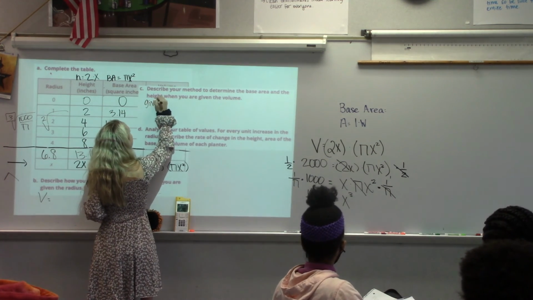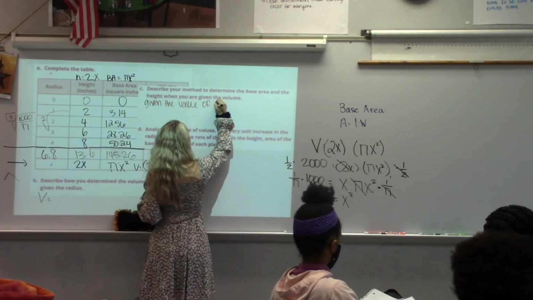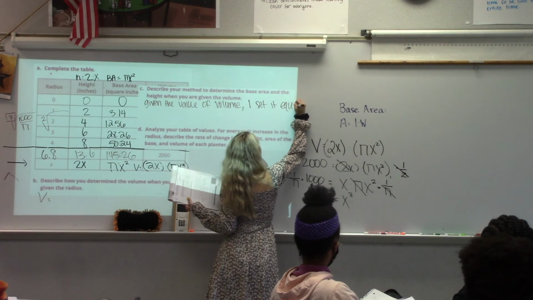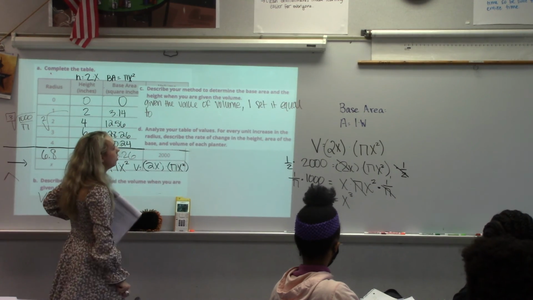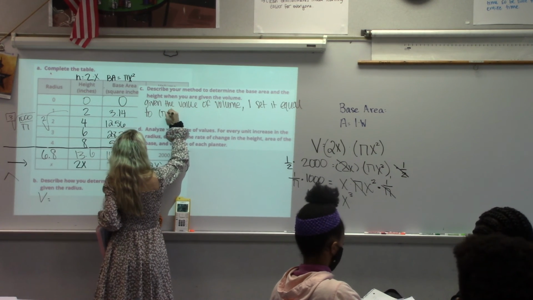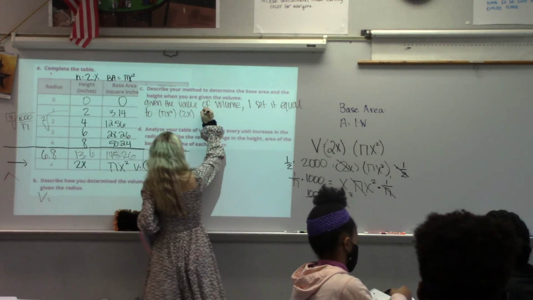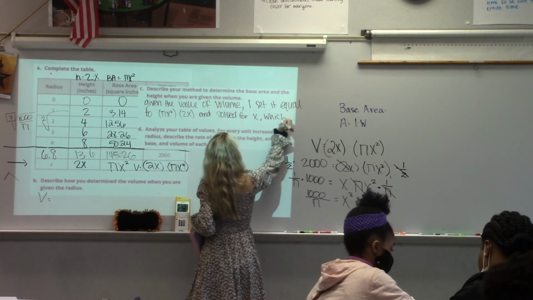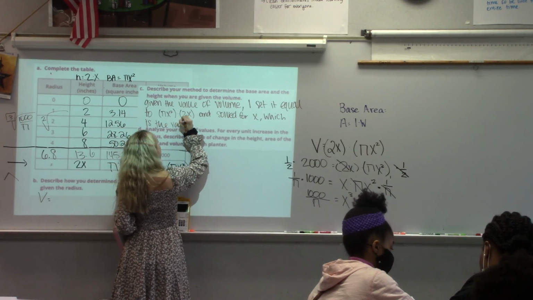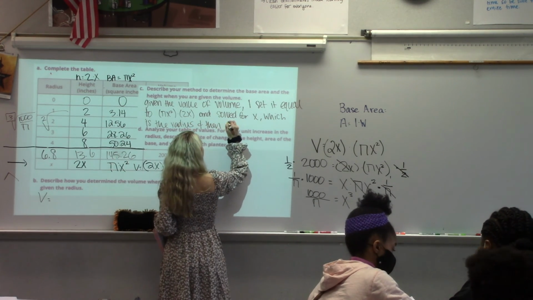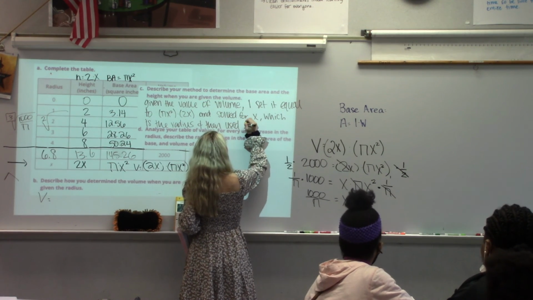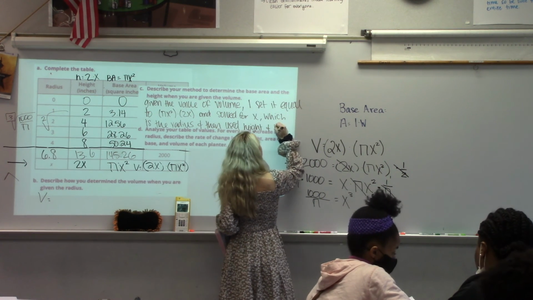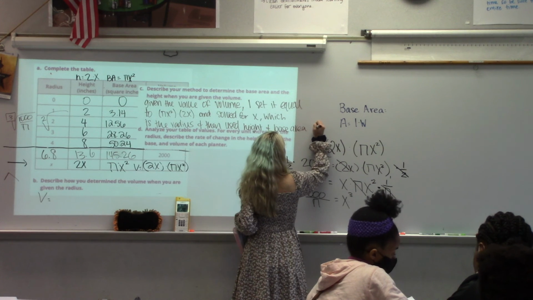So, given the value of volume, set it equal to the volume formula, so you were explaining that we solve for x, which is the radius, and then we used the height and base area formulas from there. Or equations?